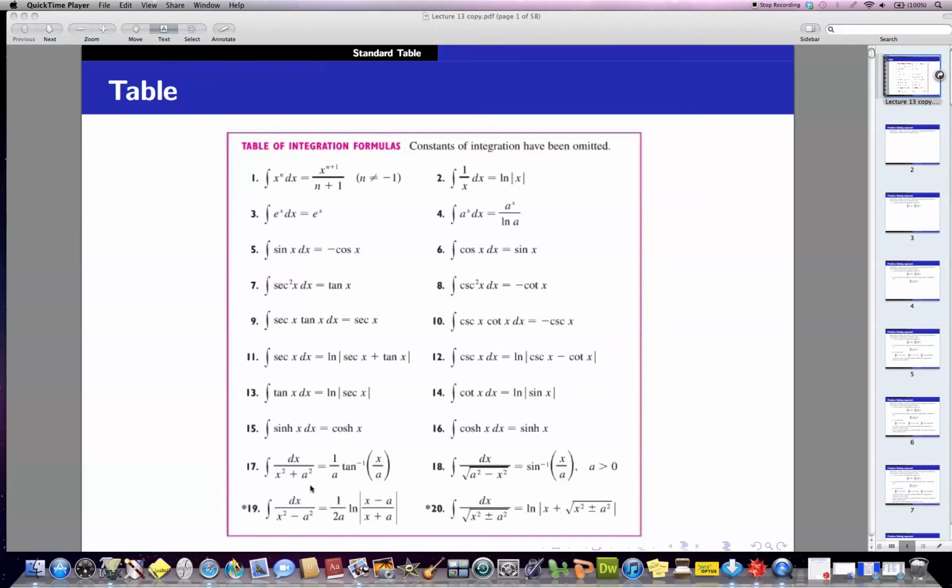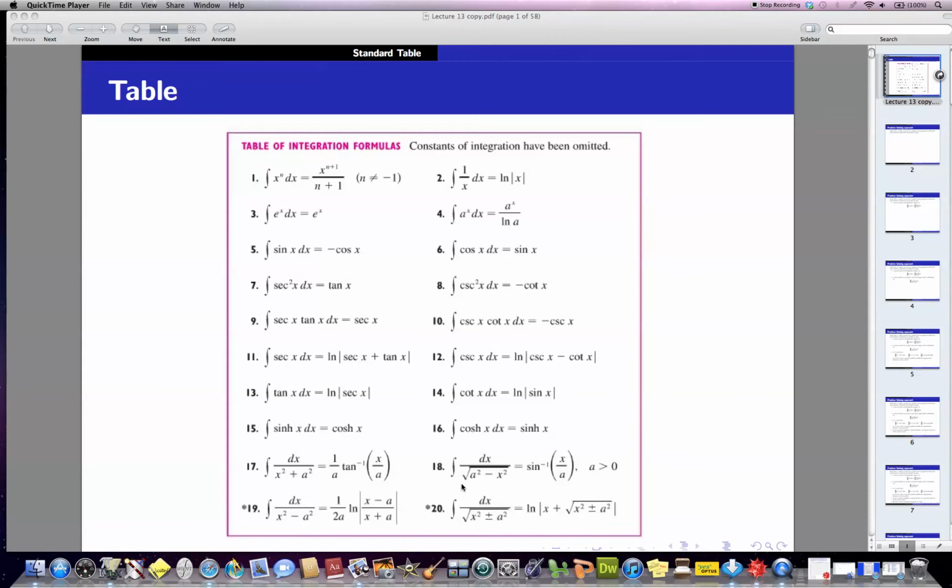Number 17. You should certainly be familiar with this integral when a is 1, that the integral of 1 over 1 plus x squared is tan inverse x. Whether you memorize the formula for general a or not is up to you. You can certainly derive it using trigonometric substitution, but you should be familiar with what the outcome should look like.